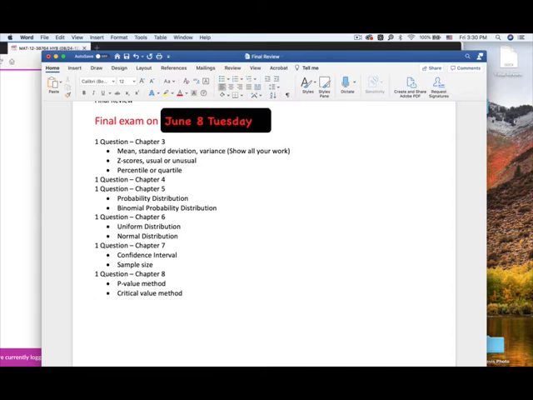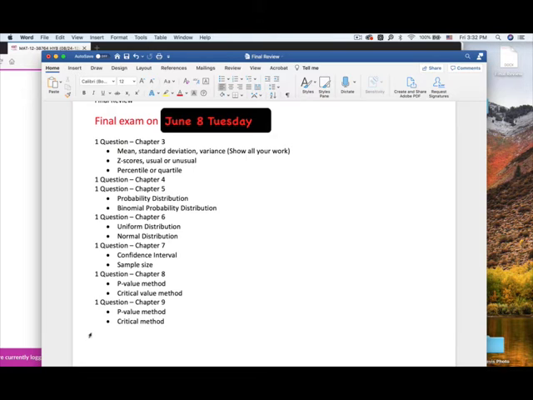Okay, and then you will have 2 questions from chapter 9. You need to know how to do the hypothesis testing again using the p-value method or critical value method.